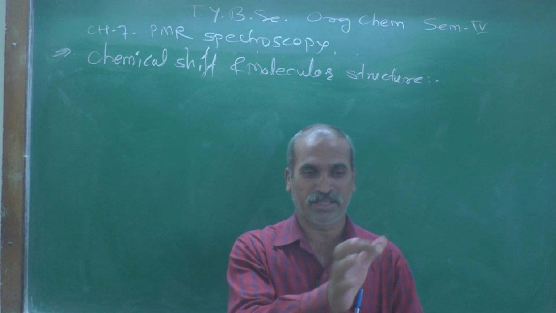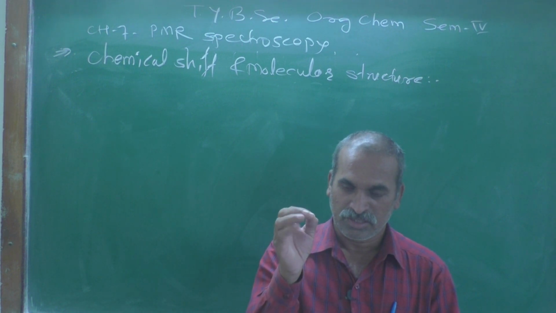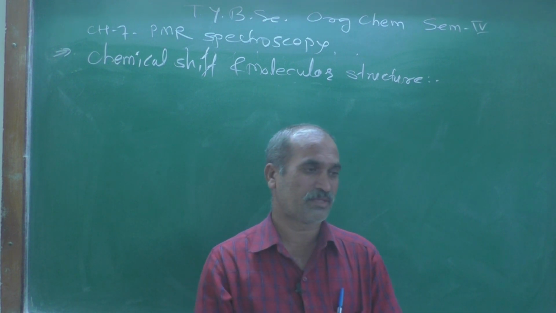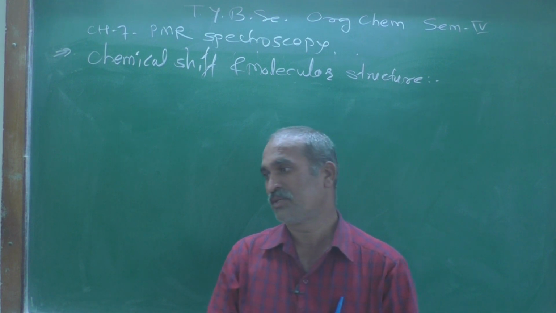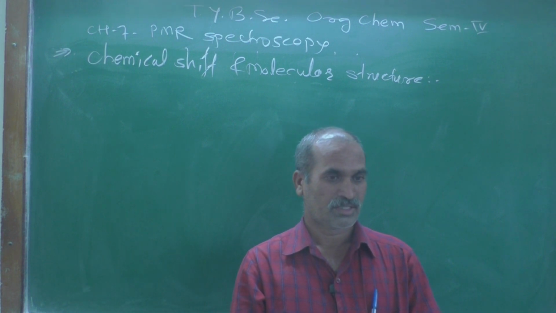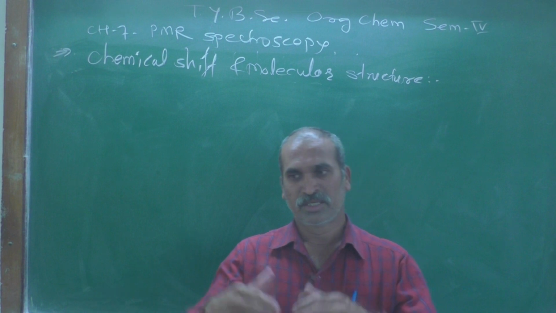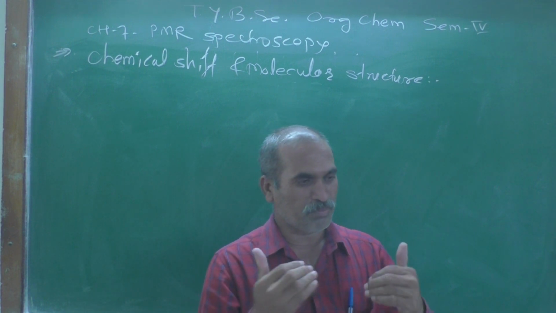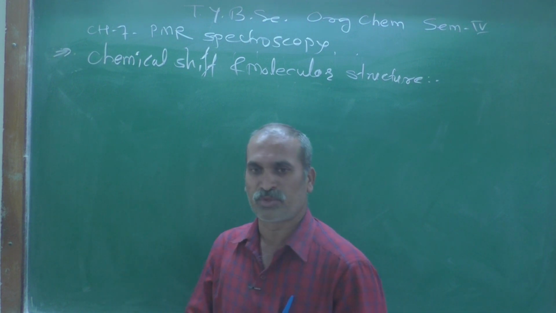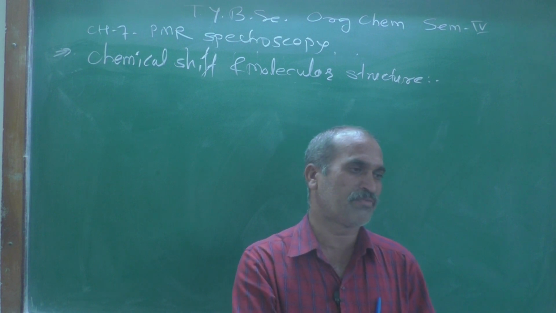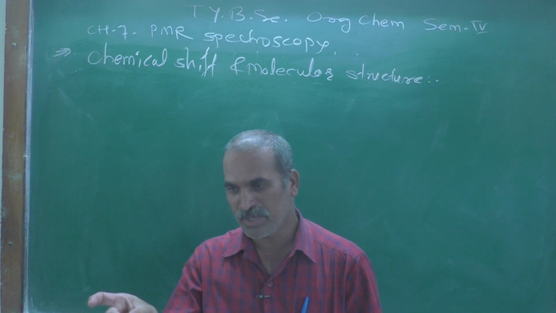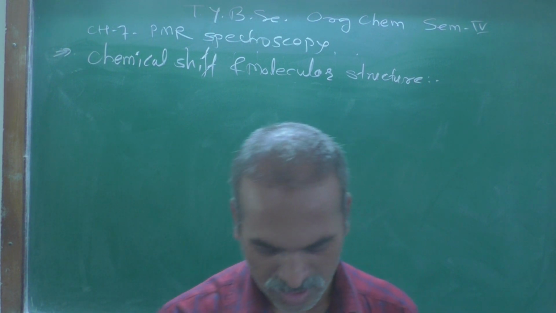It clearly indicates the presence of an acidic proton, meaning an acidic carboxylic group in the organic compound. So by knowing the approximate chemical shift values of a particular proton, we can easily identify what kind of molecule may be present in the organic compound.